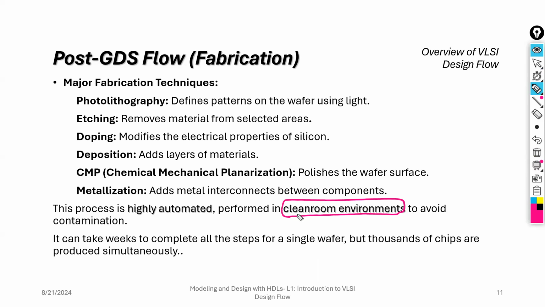It should avoid contamination because the transistor size that we are creating in an IC is very, very narrow, at the nanometer scale. Earlier people would say a few microns, but we are talking about nanometer scale devices. That's the reason why the clean room is very essential.